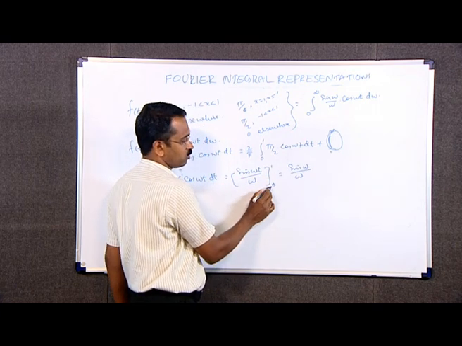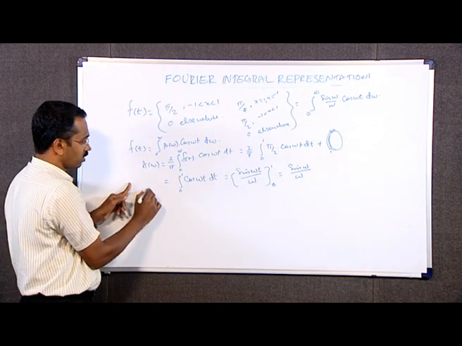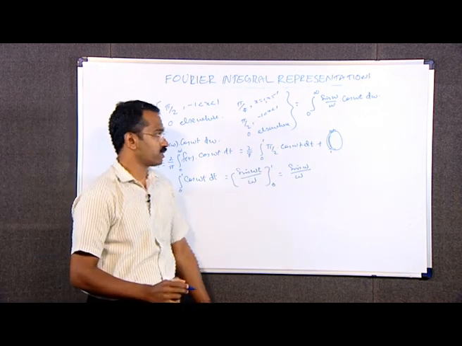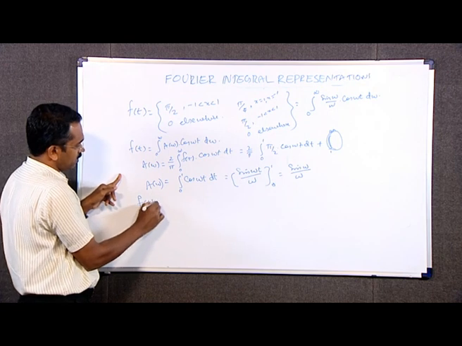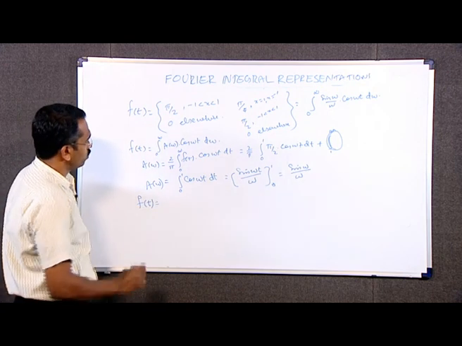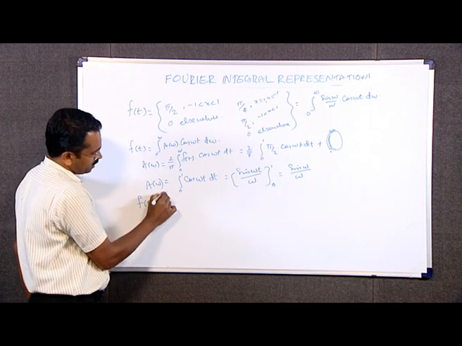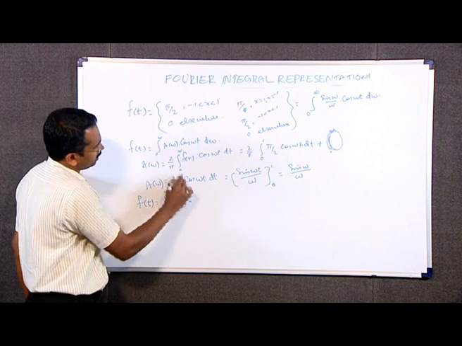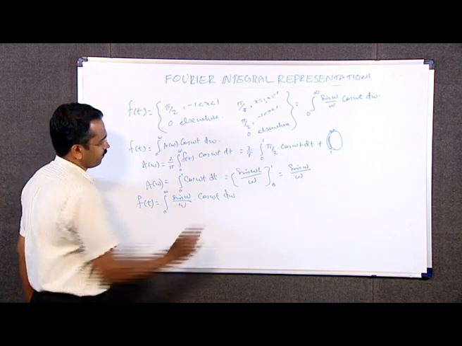When t equal to 0, this becomes 0. Therefore, we get a omega as sin omega divided by omega, and the corresponding representation is f of t equal to integral from 0 to infinity of sin omega divided by omega into cos omega t d omega.